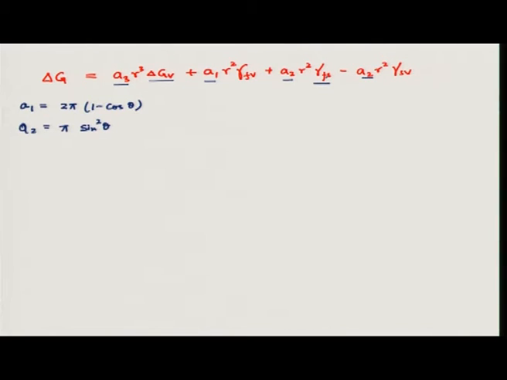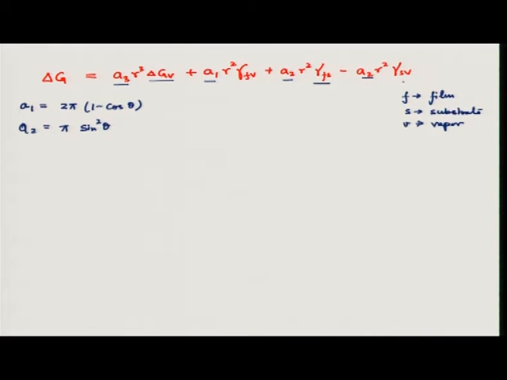So, in this F is film, S is substrate, and V is vapor phase. Okay. So, an interface is being formed, so this energy is added. An interface between substrate and vapor is being eliminated.